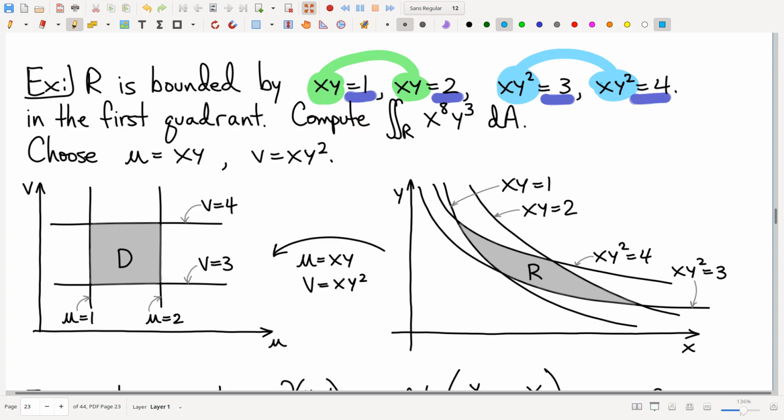That's also really important. If a question you're looking at doesn't have the curves written as level sets, take the algebra they've given you and chuck it. That's not in the right form. You've got to rewrite those given equations as level sets first. Then second, identify the two functions whose level sets you're looking at. And then third, make those functions your u and your v.